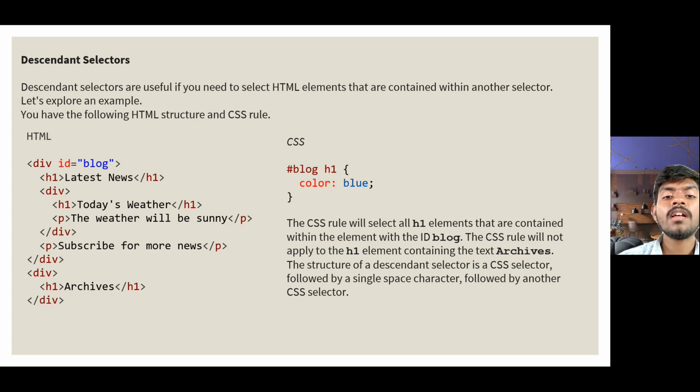The CSS rule will select all the h1 elements that are contained within the element with id blog. The CSS rule will not apply to the h1 element containing the text archives. The structure of the descendant selector is a CSS selector followed by a single space character followed by another CSS selector.